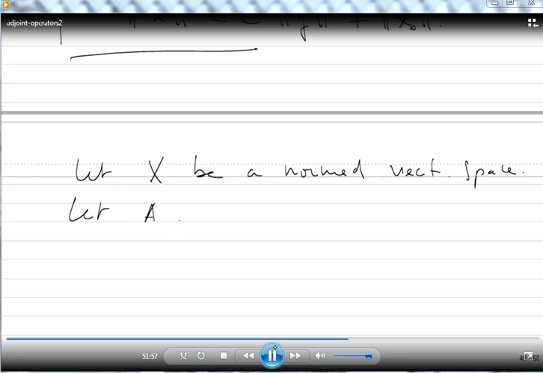So from now on, we consider that X is a normed vector space. Let A be a compact operator.